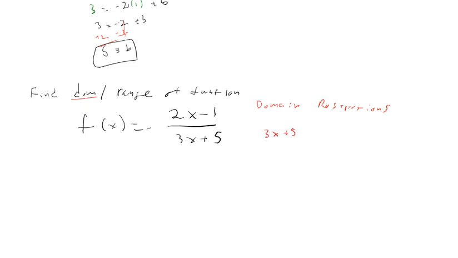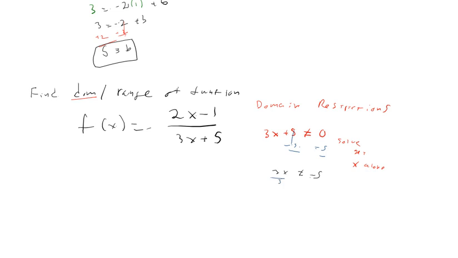And then I have to solve this and get x by itself. Get x alone. So I'm going to do that. I'm going to minus 5 on both sides. You're just solving like in a regular equation. 3x is not allowed to be negative 5. Okay, then I have to divide by 3, get x by itself.